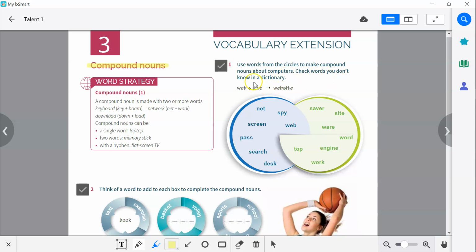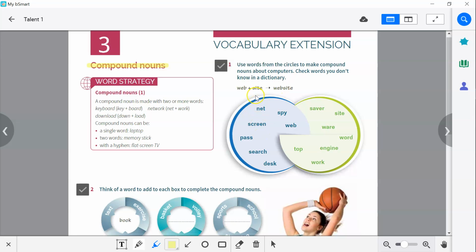Check words you don't know in a dictionary. Remember, we are having an online lesson today, but when you study alone at home, remember to have your dictionary near you, on your desk, because when you are not sure about the meaning of a word, you have to check for the meaning.